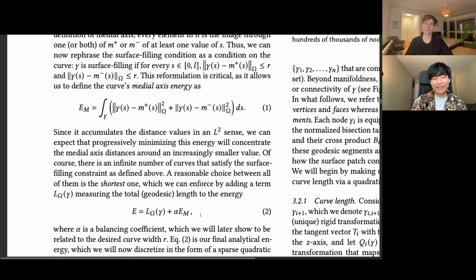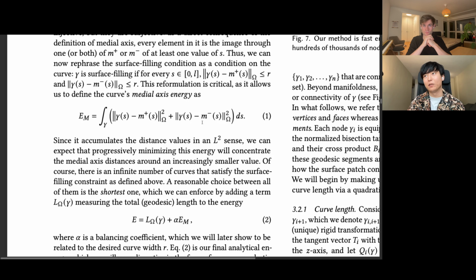Basically, this energy function is the square distance to the medial axis for both directions. One is described as m plus s, which is the medial axis that you get by growing the sphere towards one tangent direction, and m minus s is the other, which you get by growing the sphere towards the other direction. You add up these two square distances, and you get the medial axis energy like this.